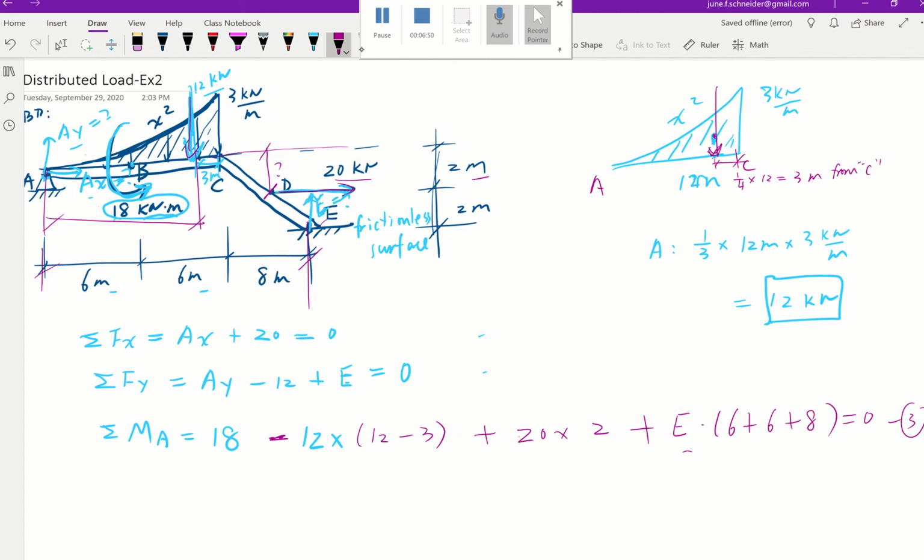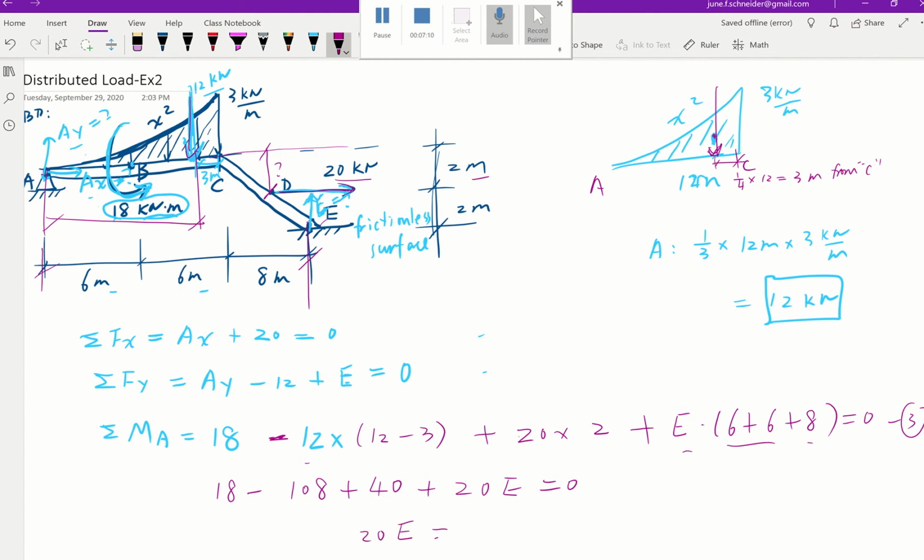So let's go ahead and simplify that. We have 18 minus 12 times 9 here, so that'd be 108. Then plus 40, then plus 12E, that equals 0. Then we can go ahead and solve.